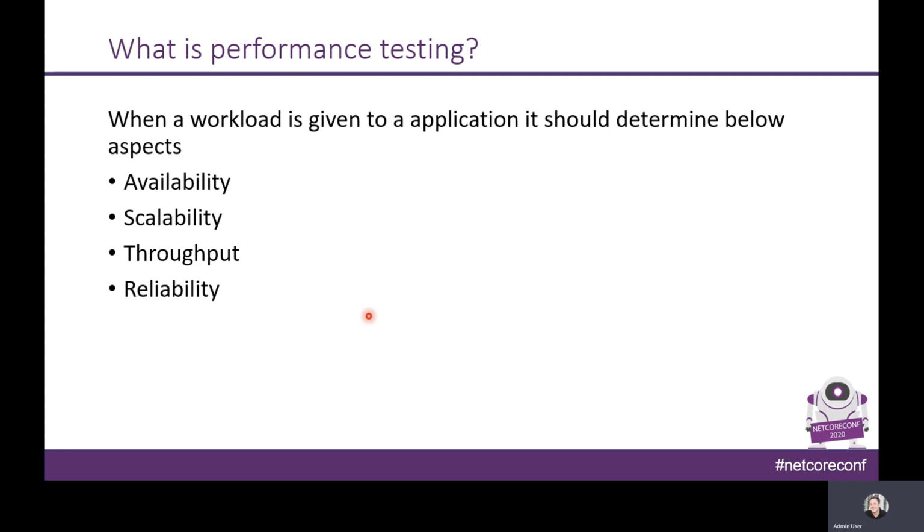If you are building an e-cart based application and a festival season occurs, then you will be getting more and more hits, because offers will be released and more transactions will be involved. All this comes under availability. So basically, it tests how available your application is when the workload is more.